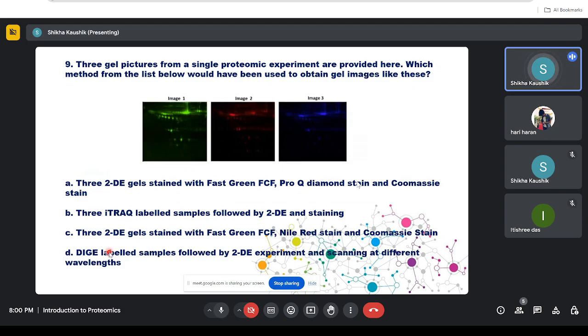Quickly to the second last question. Three gel pictures. I don't know whether it's visible. It's visible, I guess. From a single proteomic experiment are provided here.